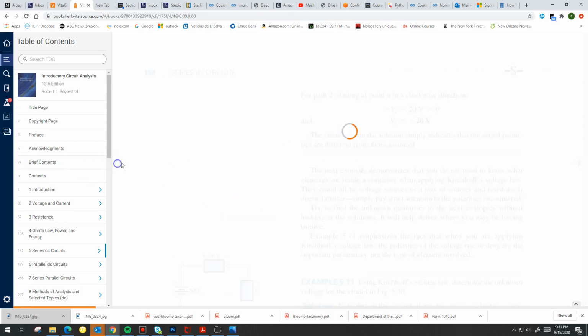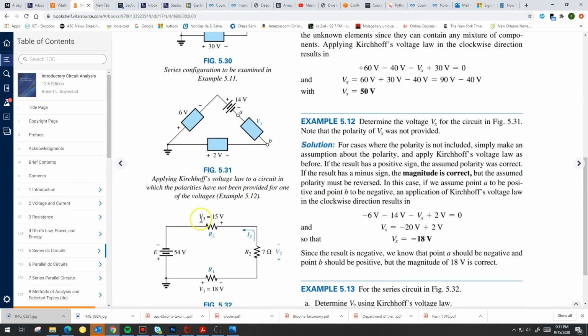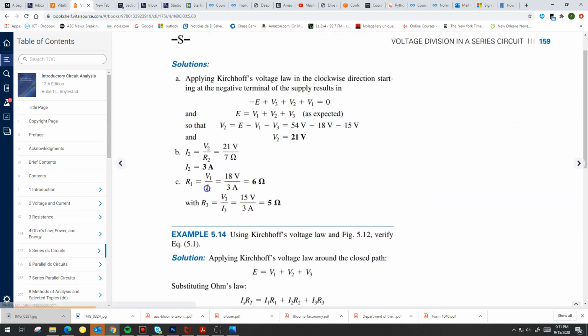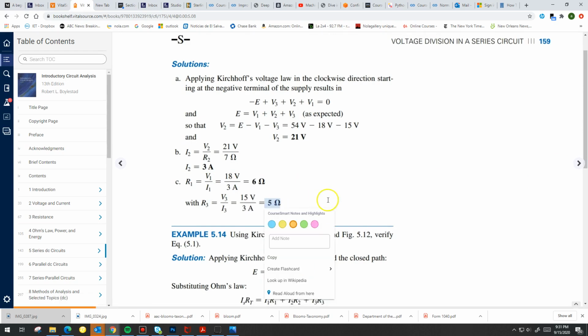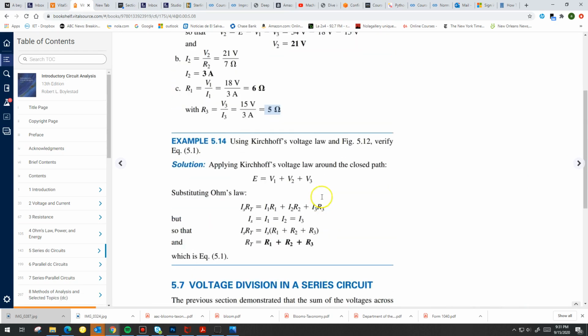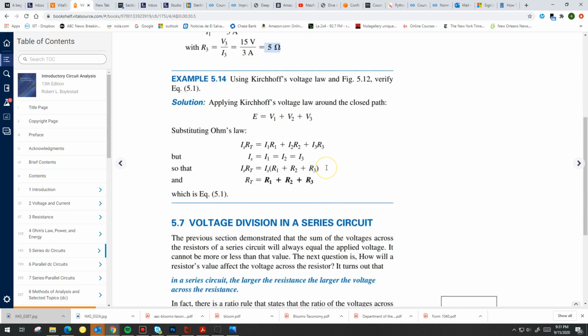And since I already know the current is 3 amps throughout the circuit, I can simply solve for R3 here and for R1 here using Ohm's law. So R1 will be 18 over 3, R3 will be 15 over 3, and that gives me the values for the resistors. I'm going to leave this one for you to try and to practice.